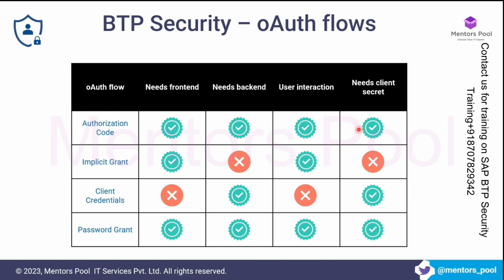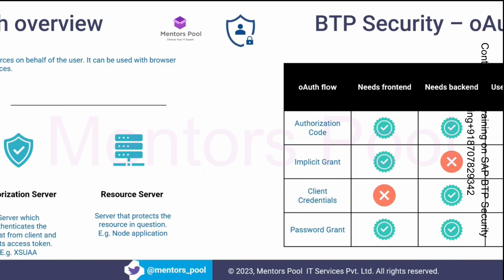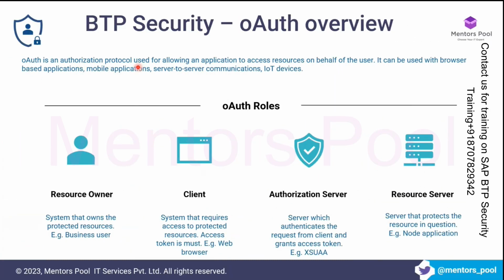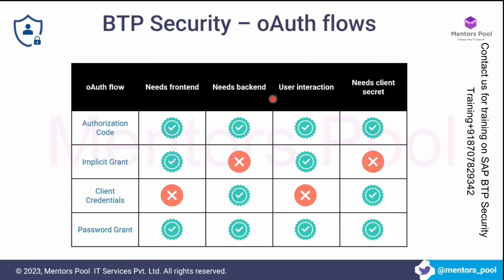But when it comes to your applications, since we learned that OAuth is an authorization protocol wherein you as a user are giving rights to an application to act on your behalf, to access resources on your behalf, how does the OAuth server, in our case XSUAA, know that this request is coming from an authorized application or from a proper application?